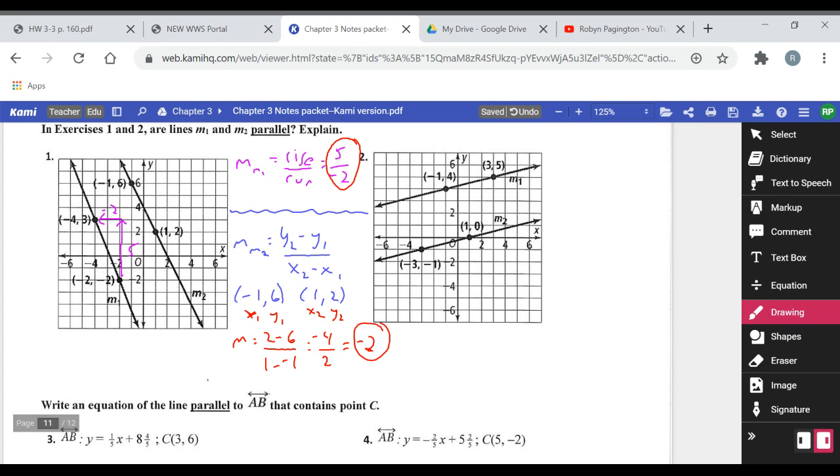I need to say no, M1 and M2 are not parallel. But do not stop there. It says explain. Even though I've written some words here, I have not explained anything. I need to say because they don't have the same slope.